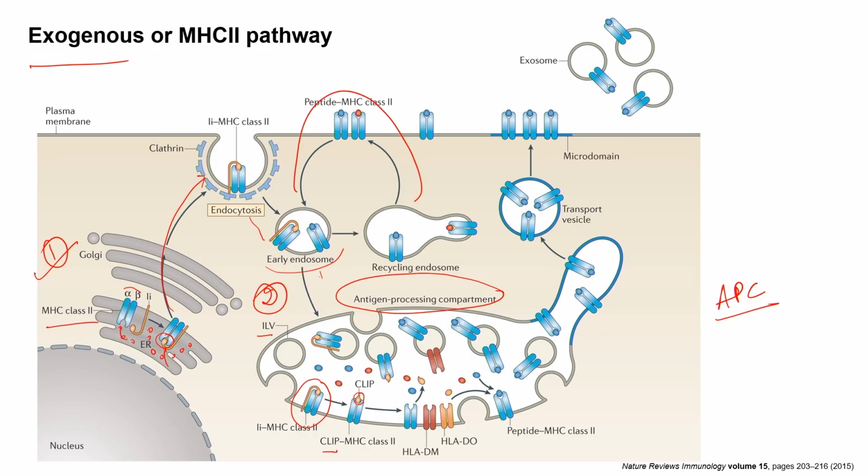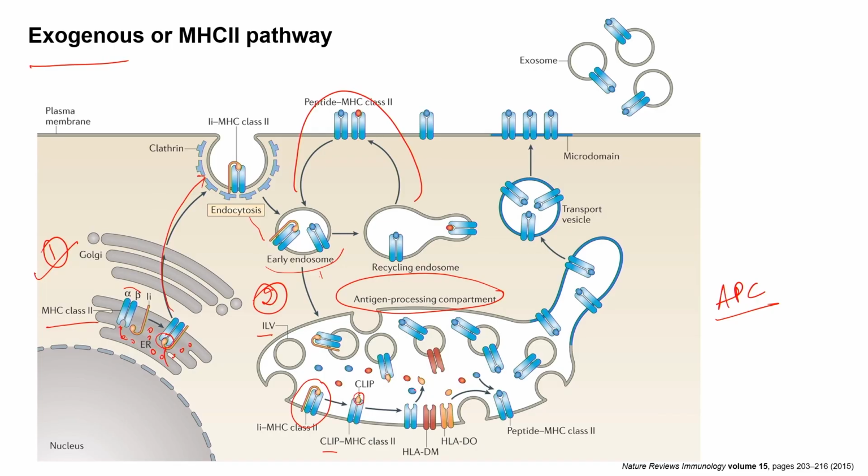We call it CLIP, a small molecule docked into the site, which is the remnant of the Li chain. So remember, CLIP is formed by the proteolytic cleavage of the Li chain in the endocytic vesicles or intraluminal vesicles, and these CLIP molecules will be present in the system till there is an antigen entry.